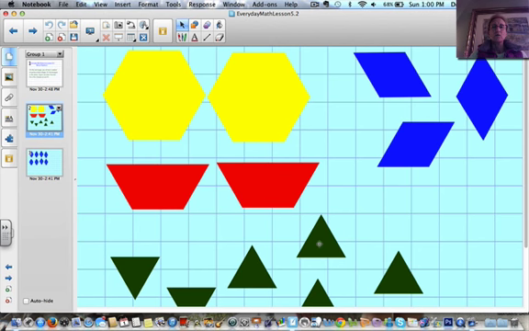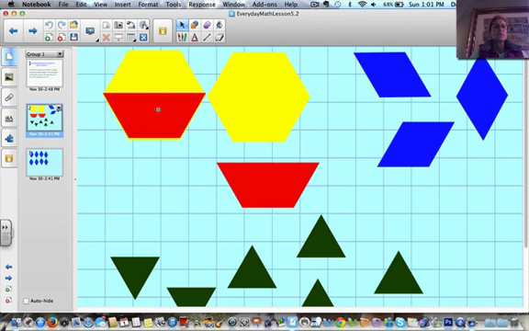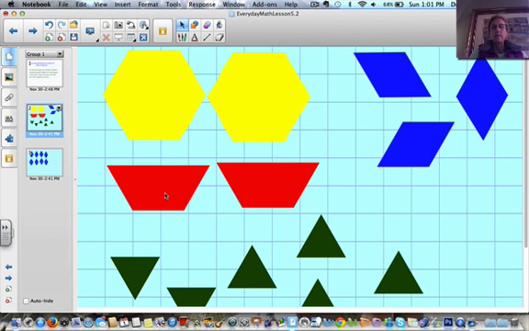So we have the equilateral triangles and the rhombuses and the trapezoid. Let's look at the trapezoid, and if we know that the hexagon is one whole, let's just move it and place it there, and we can see that if we put both of these on there you would have a whole. So each trapezoid is worth 1/2.